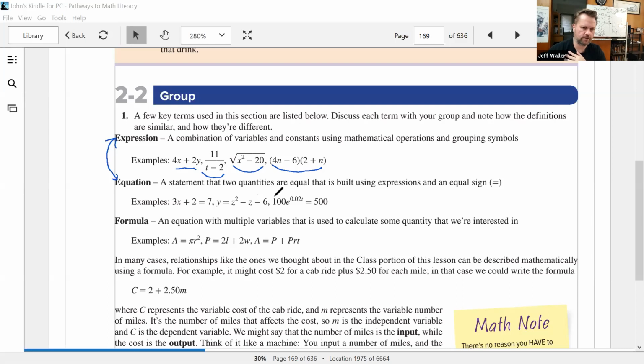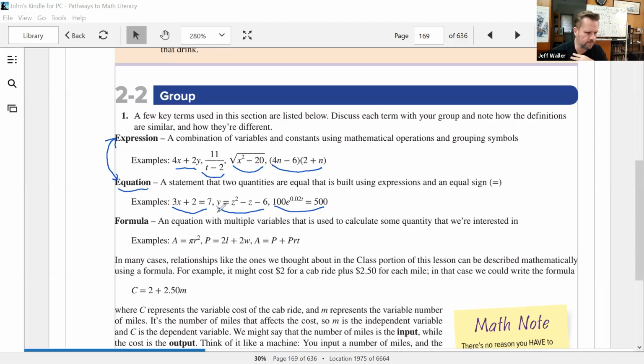And then these are all equations. The thing that's different about equations is they have an answer. You can actually solve them, most of them, to get a number for the variable that makes it work. But what is the key visual difference? What do these have? The equal sign. That might be why we call it an equation, right?